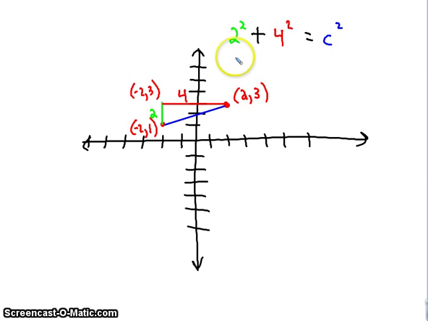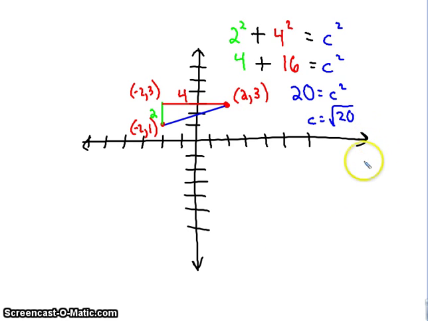So we get 4 plus 16 equals c squared. So that means 20 is equal to c squared. So c is equal to the square root of 20. Okay, so now we know that the blue line is the square root of 20.